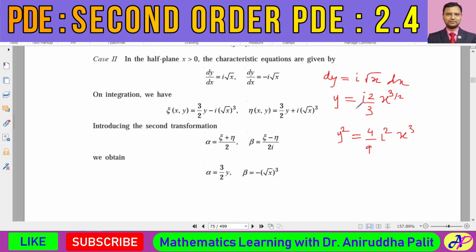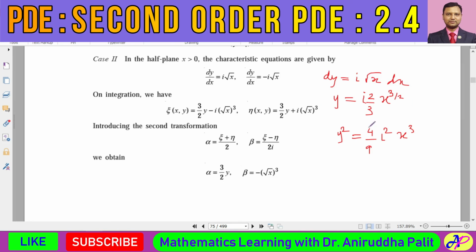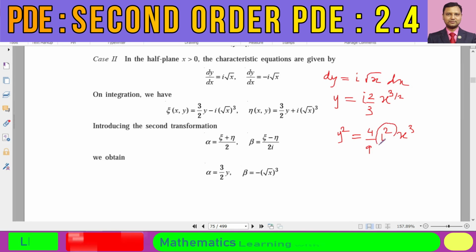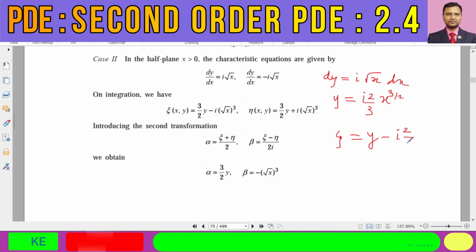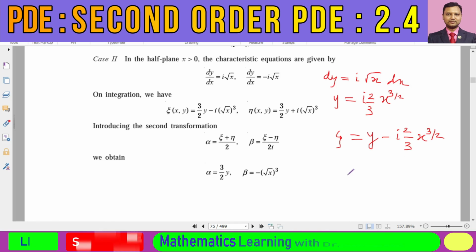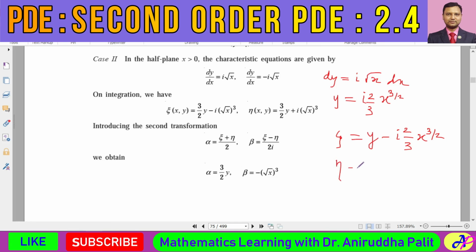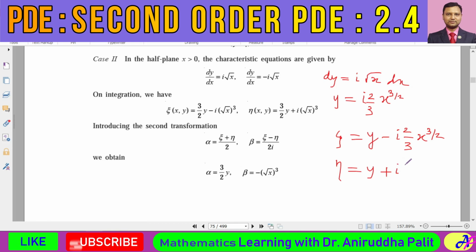But over here my advice is to stick with this kind of expression. Don't take the square, because in that case this i square would become real, and in that case problem may arise. So my advice would be to take xi is equal to y minus i into 2 by 3 into x to the power of 3 by 2. This may be xi, and eta can be written as y plus i into 2 by 3 into x to the power of 3 by 2.